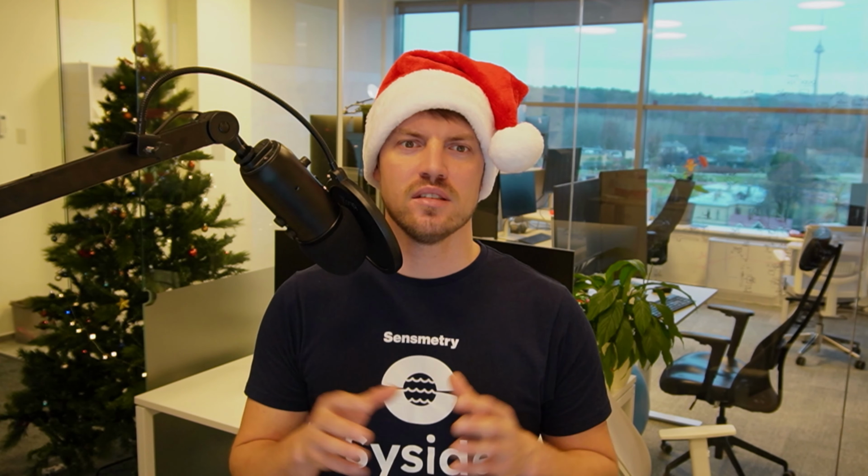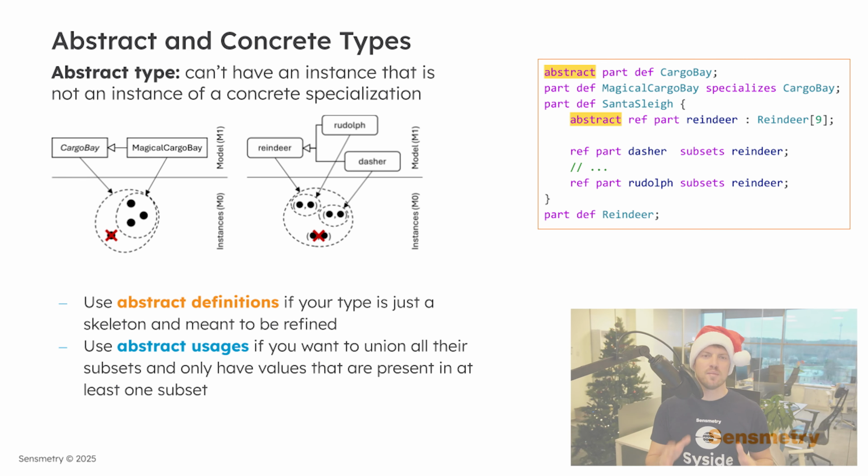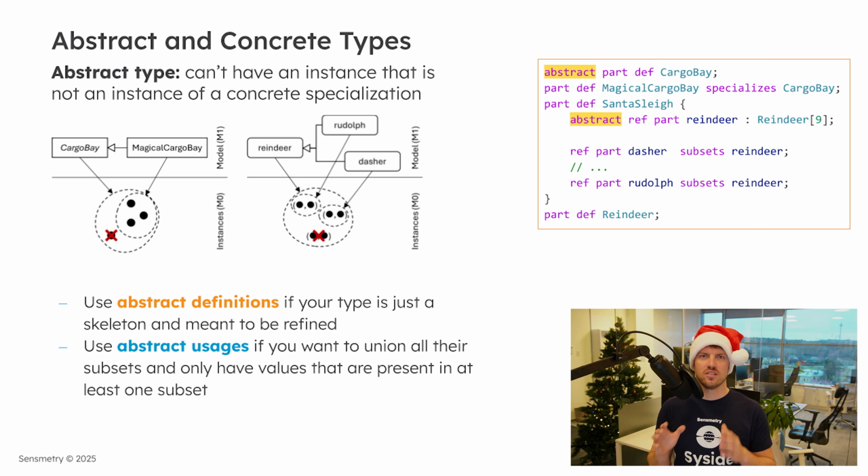On day 5, we covered modifiers and multiplicities. Modifiers give you fine-grained control over your models. First, abstract and concrete types control instantiation. Abstract types are skeletons that must be specialized before use, while concrete types can be instantiated directly.